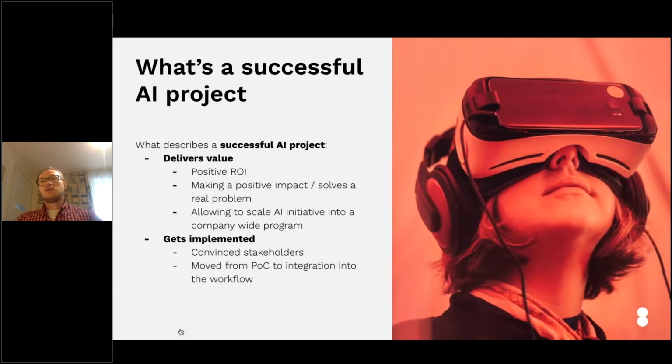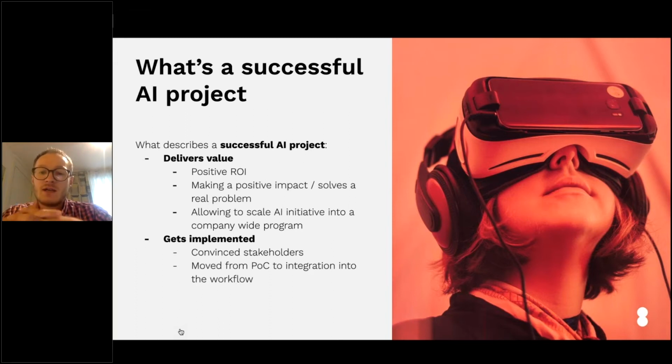And if I am to tell you what's a successful AI project, I want to describe it upfront, so that you understand how we perceive successful AI projects.